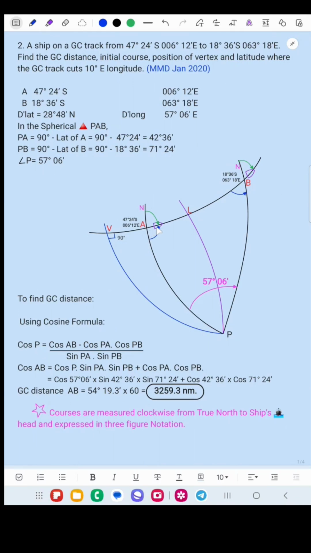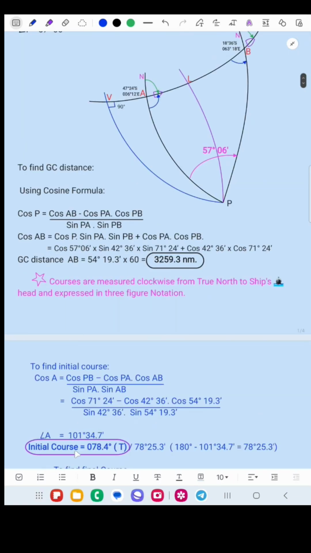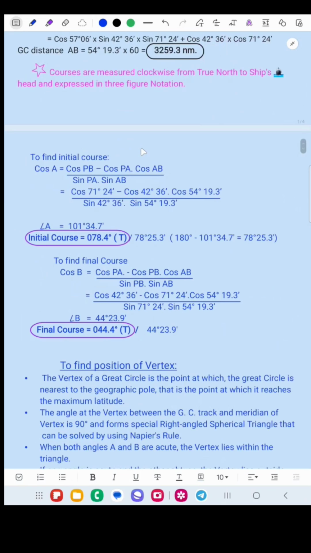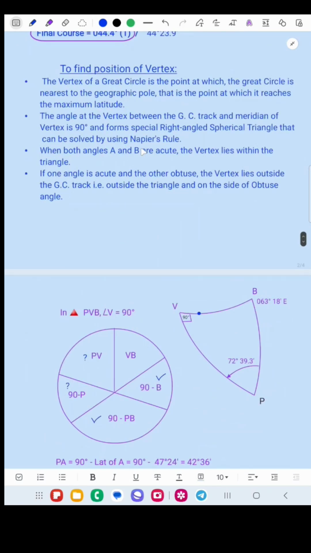In this case, angle A is obtuse, that is more than 90 degree, 101 degree 34.7. B is acute. So the vertex will lie outside the triangle and on the side of the obtuse angle.